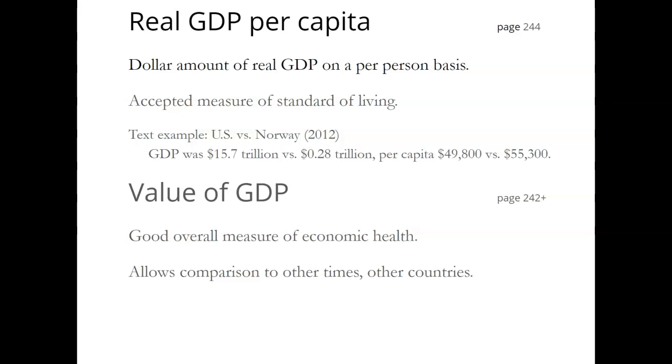The GDP of the United States was 15.7 trillion, and Norway was 0.28 trillion. But when we divide that out by population, the per capita GDP was $49,800 versus $55,300 in Norway.